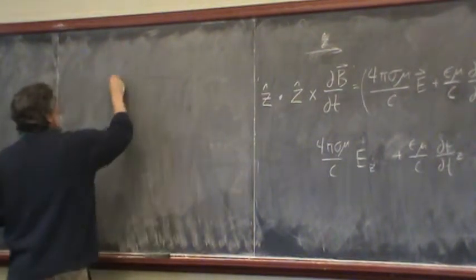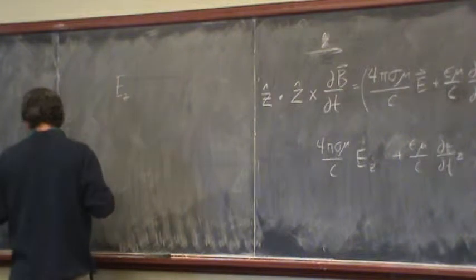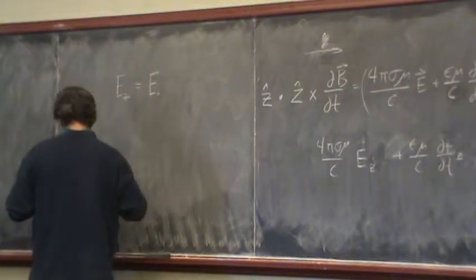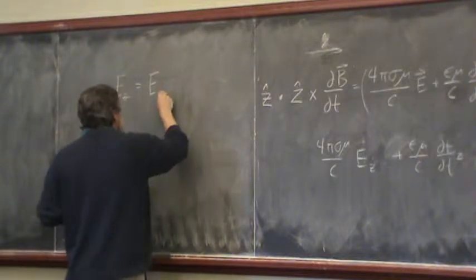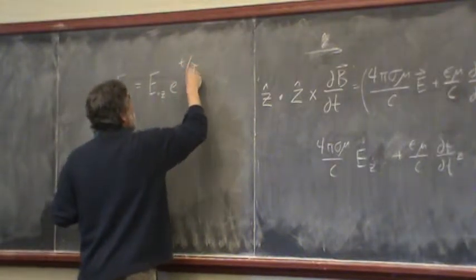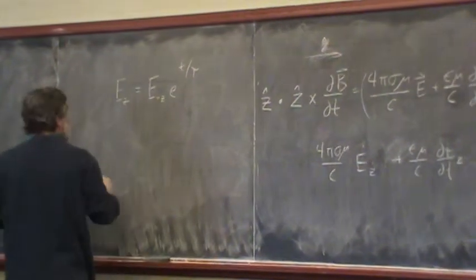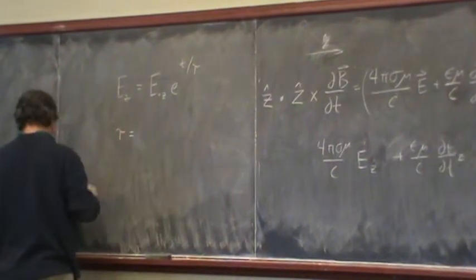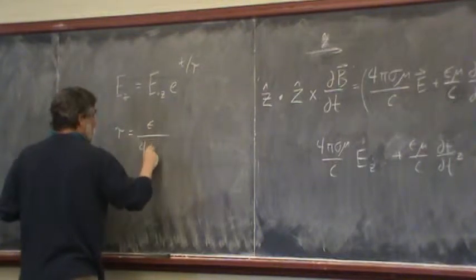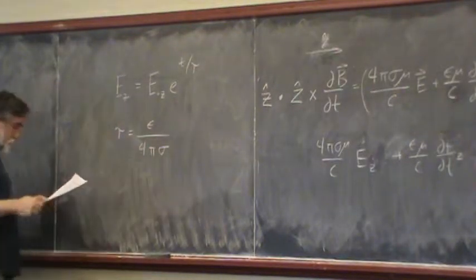That the electric field in the Z direction looks like some E0 Z component, e to the t over tau, where tau is epsilon over 4 pi sigma.